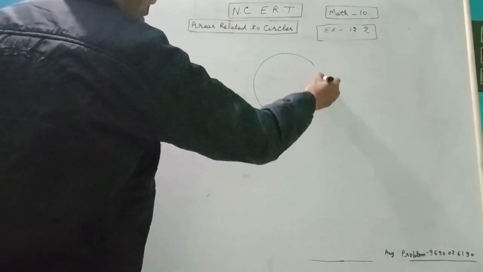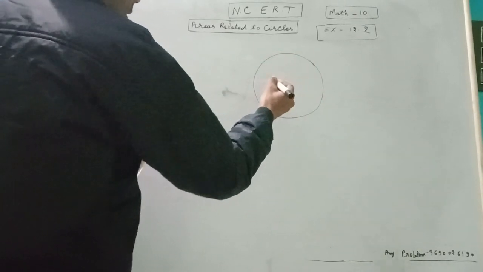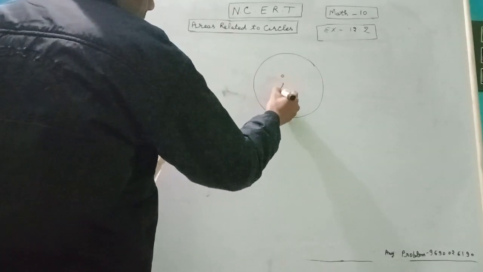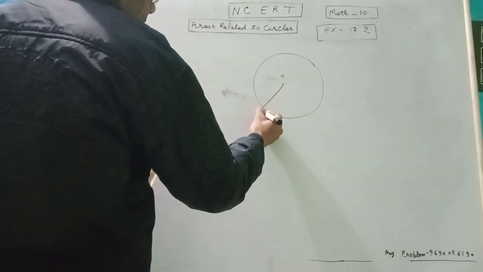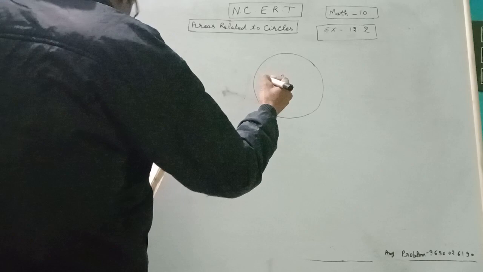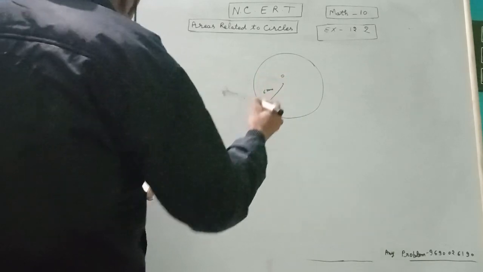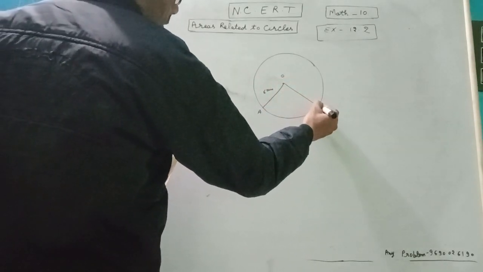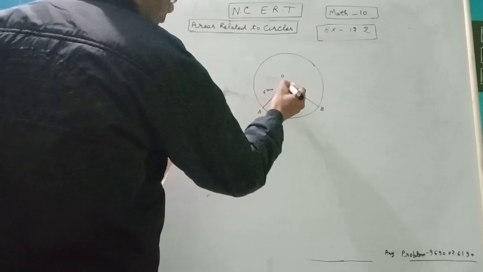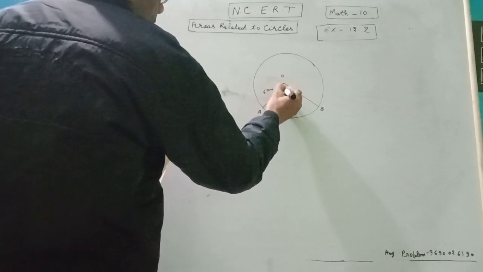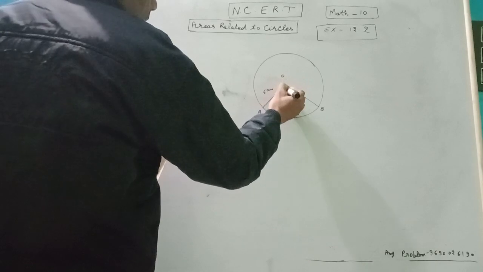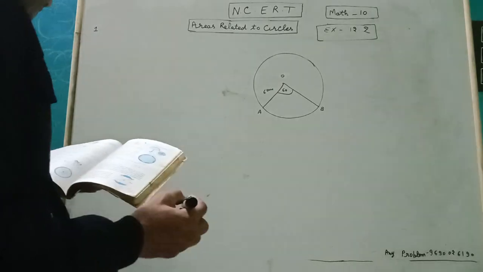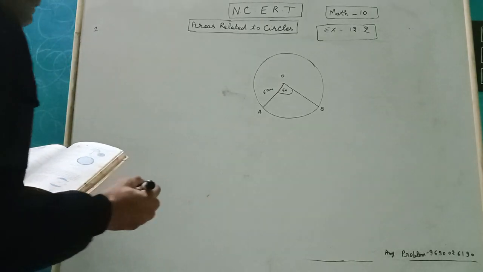That is the figure. Circle O is the center, the radius is OA, 6 cm. The angle between the two radii is equal to 60 degrees.